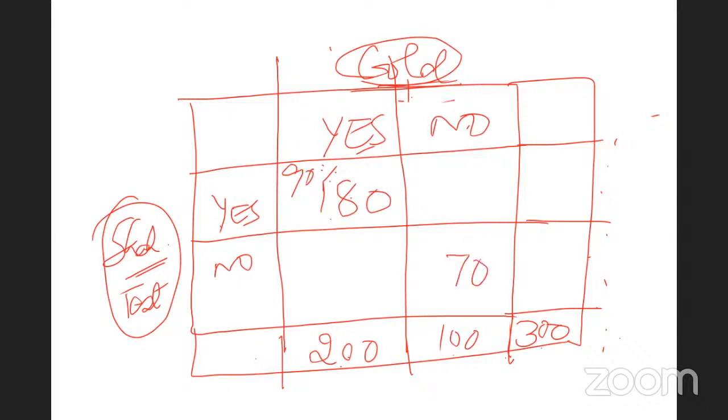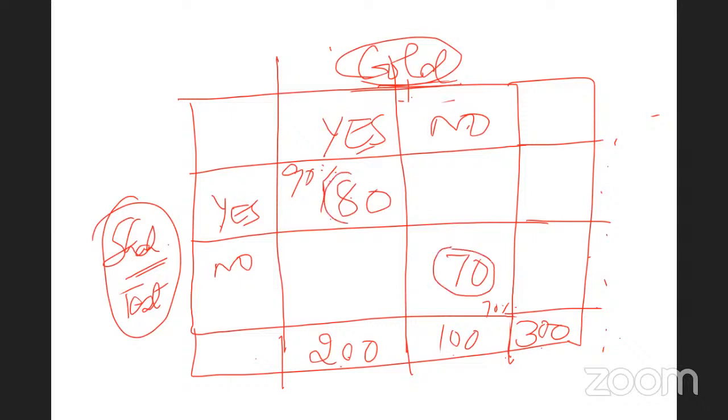That means 70% it could detect. So 70% is the specificity. Out of 100, it could detect 70. It could say that 70 people are not having the disease. So if you are not there, it will say yes, you are not there. So this is specificity.